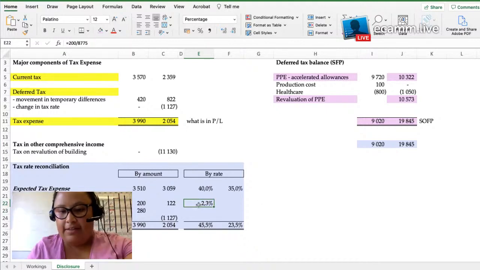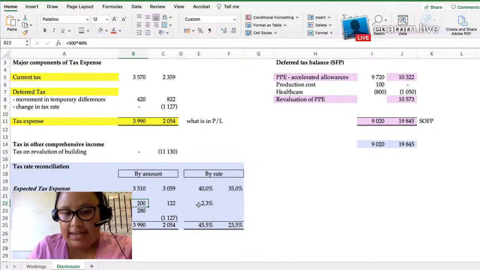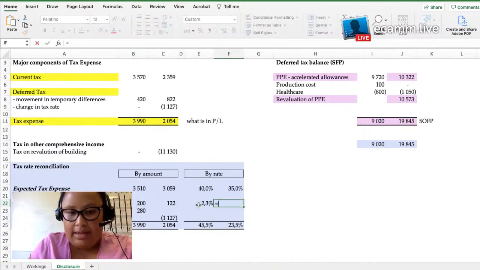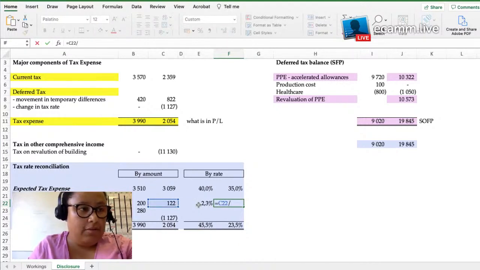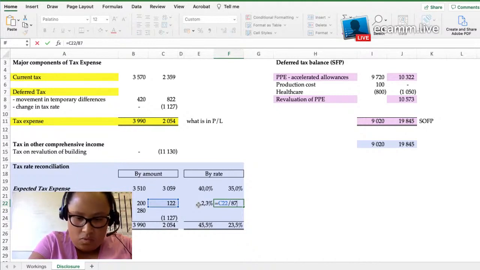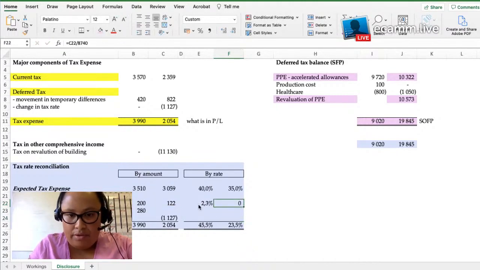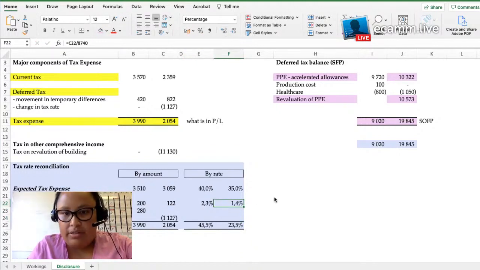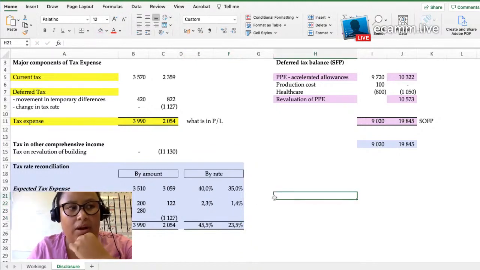The effective change on the tax rate is that. Again, we take the 122 and divide it by the accounting profit before tax, which is 8740. That gives us 1.4%.